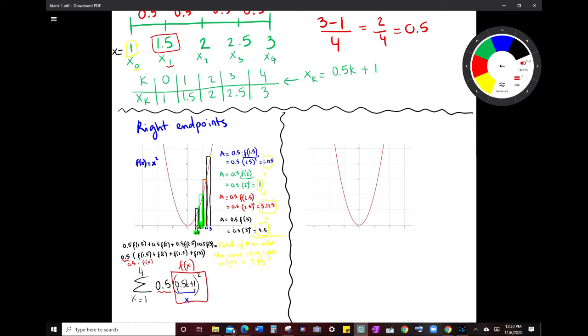And it can be x1, but we don't have just one x, we have f of x1 plus f of x2 plus f of x3 and plus f of x4. So therefore the rule for this will be 0.5 times f of x, but f of x itself equals x squared.